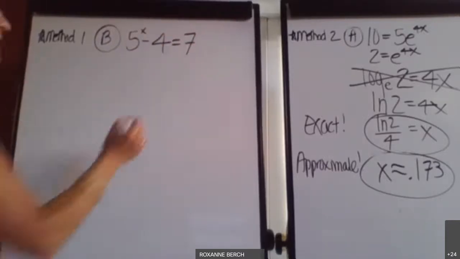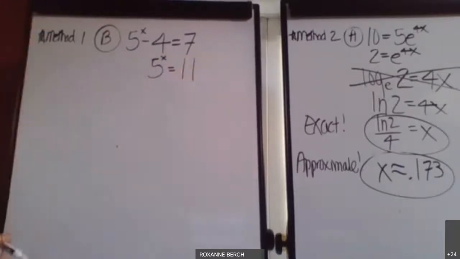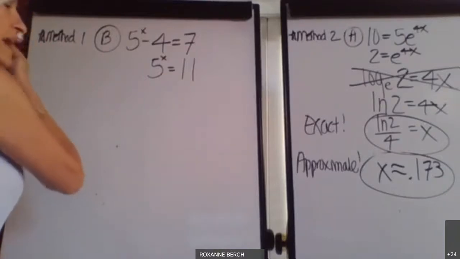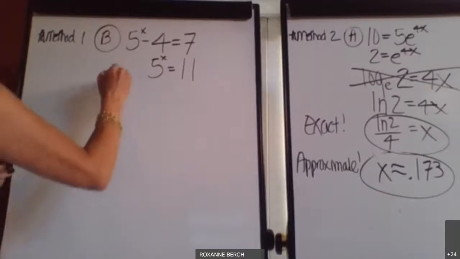We're going to simplify it, so we're going to add 4 and we get 11. And like we did before, we're going to take a natural log to both sides because actually, it's not going to be a natural log. We're going to take a log base 5 to both sides.